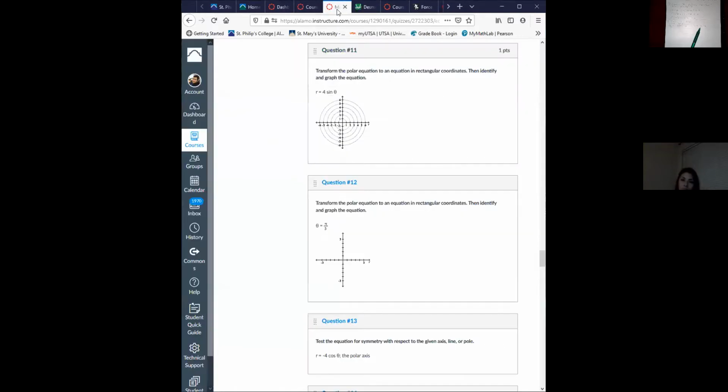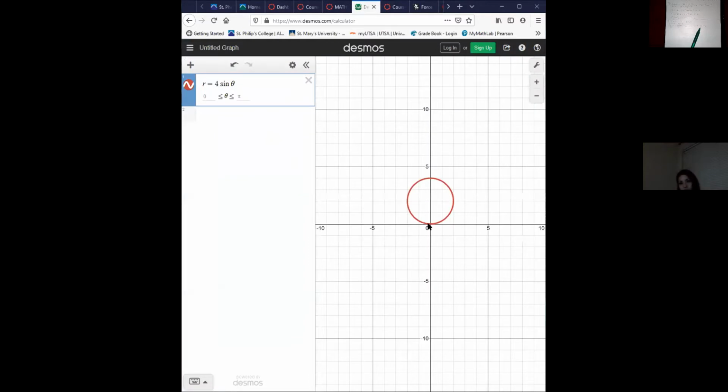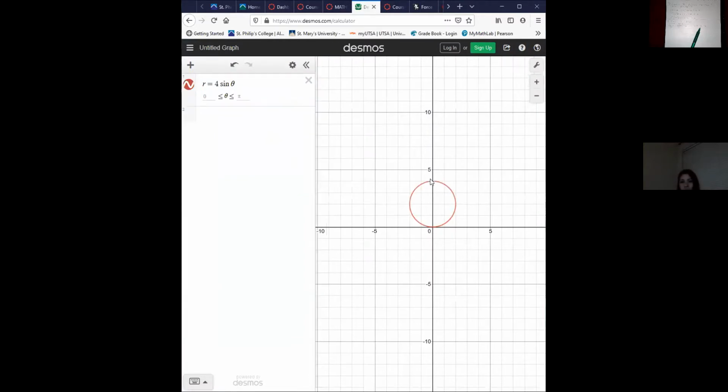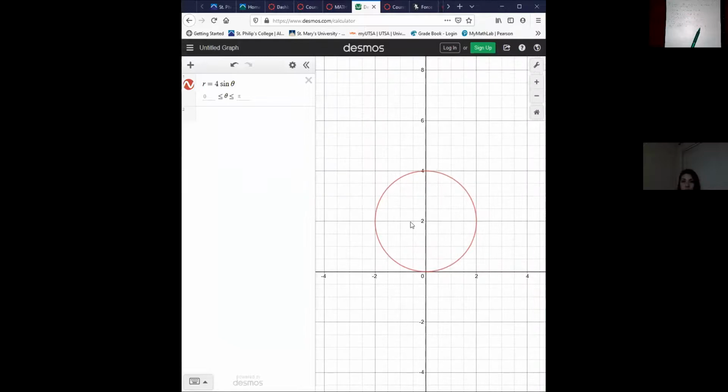So when they ask you the question, identify it. Well, clearly it's a circle of radius... looks like what? Radius 2.